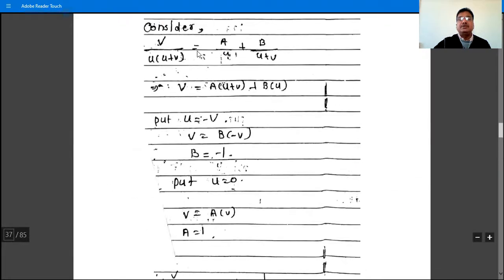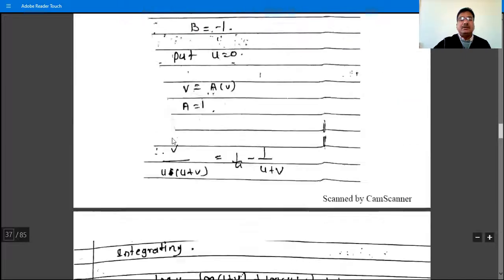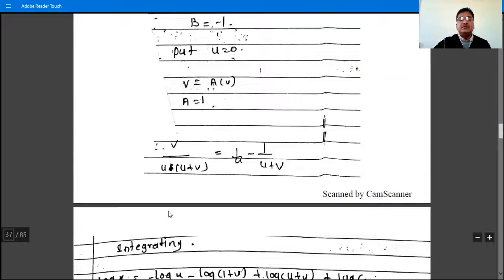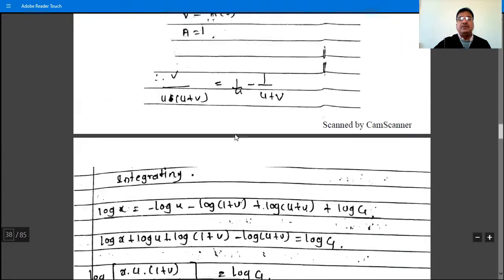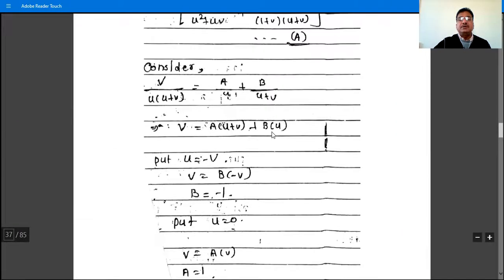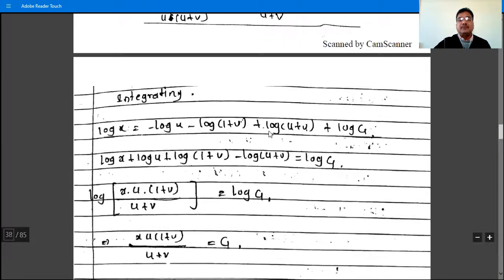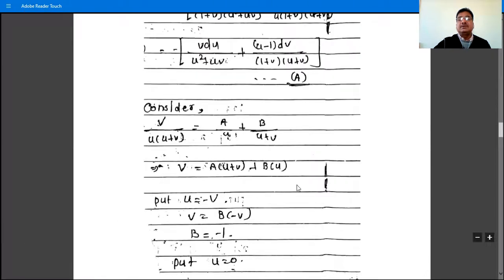And this has a negative sign. So integration of dx by x is log x, which is equal to minus log u minus log 1 plus v, plus log u plus v, integration of this quantity, log u plus v, minus minus become plus, and log minus log 1 plus v plus log c1.